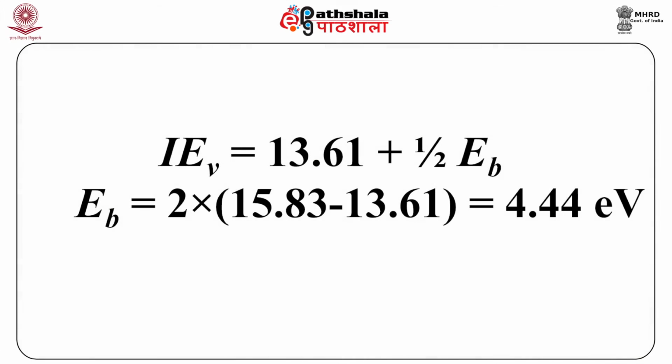That means the vertical ionization energy is equal to 13.61 plus half EB, where EB is the binding energy. That means EB is equal to twice into 15.83 that we had obtained experimentally, minus 13.61, and this is 4.44 electron volt, which compares well with the thermochemical value of 4.48 electron volt.